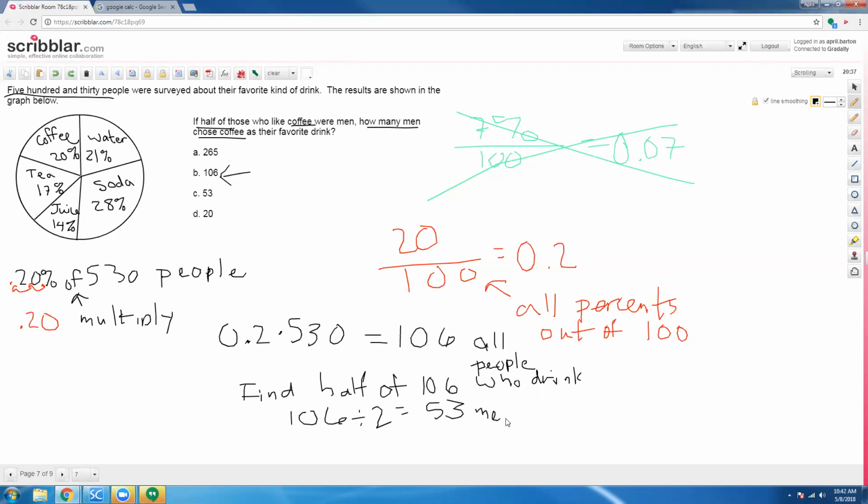So now we get to the specific 53 men who drink coffee, because they asked specifically how many men drink coffee. So be careful of those in-between answers. See if maybe there are extra steps that you still need to do.